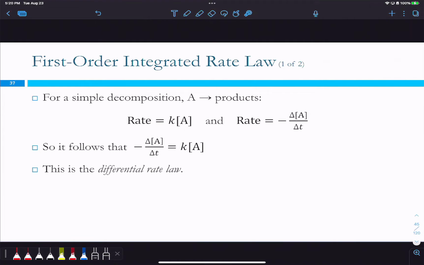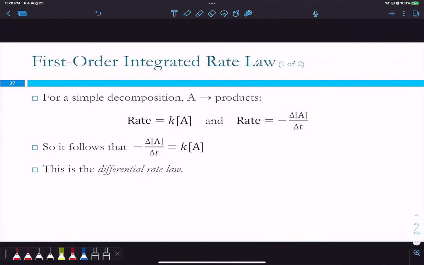So to get the integrated rate law, sorry, I got ahead of myself a little bit. We've been looking at our rate law, or differential rate law, as the rate equals k times the concentration of A. We also know that the change in concentration of A over some change in time is another definition that we have of rate.